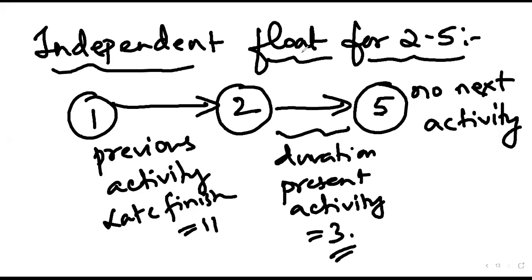And 3-5 early finish is 13. We have to consider one. 5 or 13. Which value are we going to consider as the early start? 13 has to be considered. That's right.